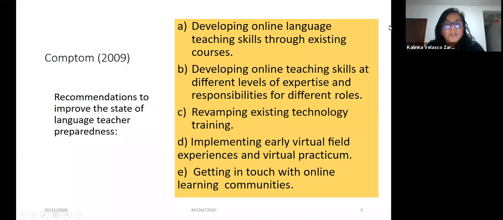The recommendations are: developing online language teaching skills through existing courses, developing online teaching skills at different levels of expertise and responsibilities for different roles, revamping existing technology training, implementing early virtual field experiences and virtual practicum, and getting in touch with online learning communities.